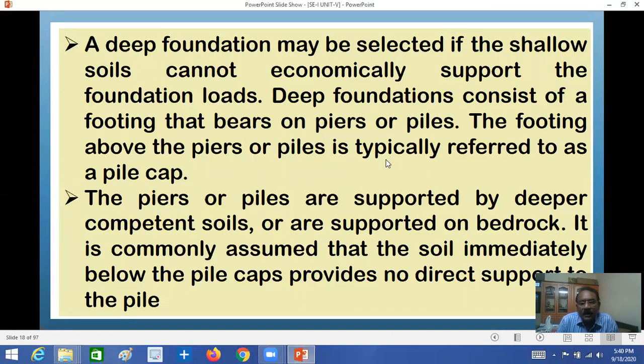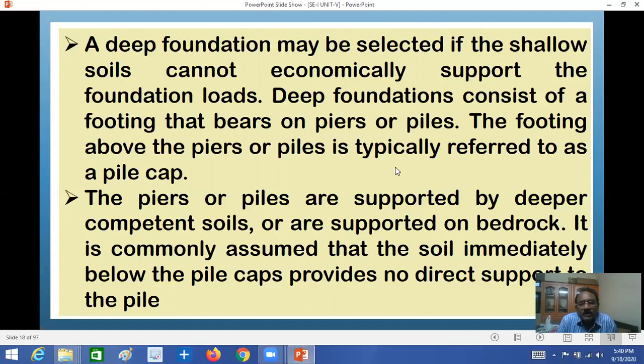Near the sea, in weak soils, coastal areas or seashore areas, or nearby rivers, we go for pile foundation. Inside the soil also, we go for pile foundation. Above the piles, we have a combined slab, then the pile cap, and above that we construct the superstructure.